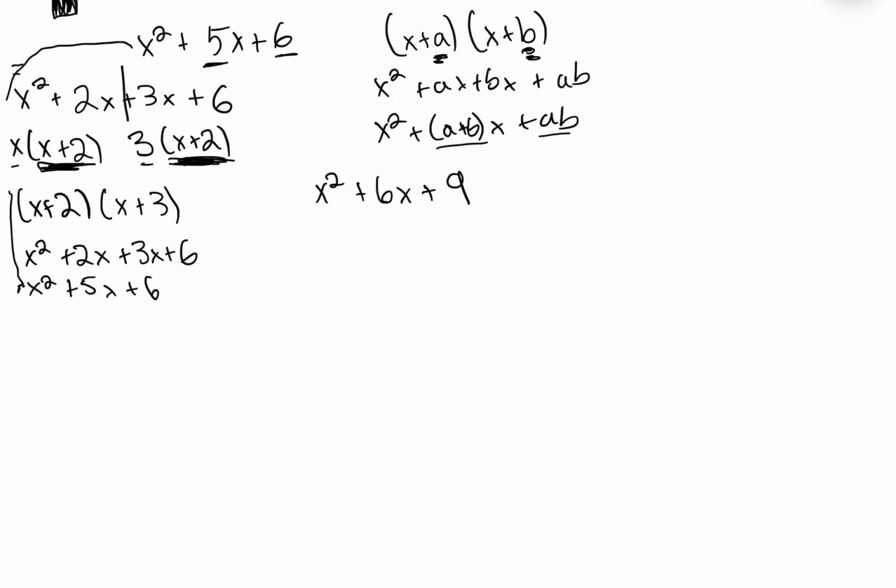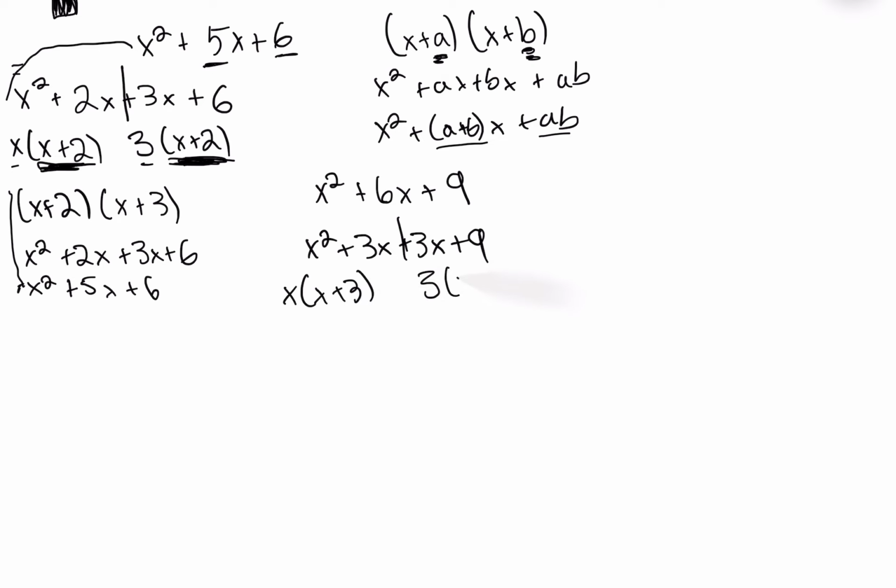Let's go through this step by step. 9, you could multiply 3 and 3 together to get 9, and you can add 3 and 3 together to get 6. Rewriting this, we get x squared plus 3x plus 3x plus 9. We separate the terms, factor out the x, we're left with x plus 3.